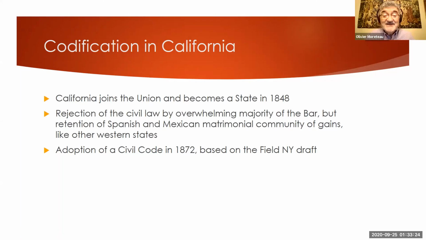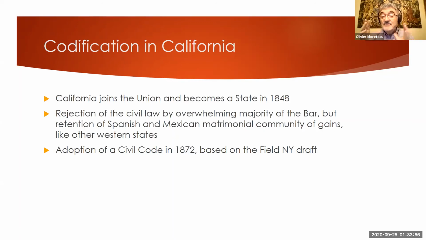Remarkably, the decision was not made by a legislature, but by the bar, by the assembly of lawyers practicing in the new state. And with an overwhelming majority, they decided to adopt the common law. The only part of the civil law that they have kept is the matrimonial regime of community of gains that is also applicable and retained in other Western states.